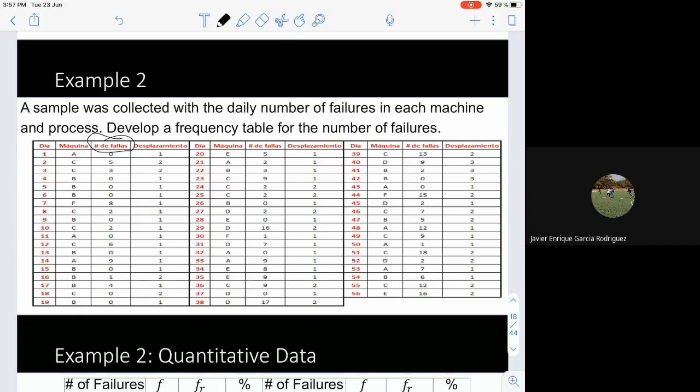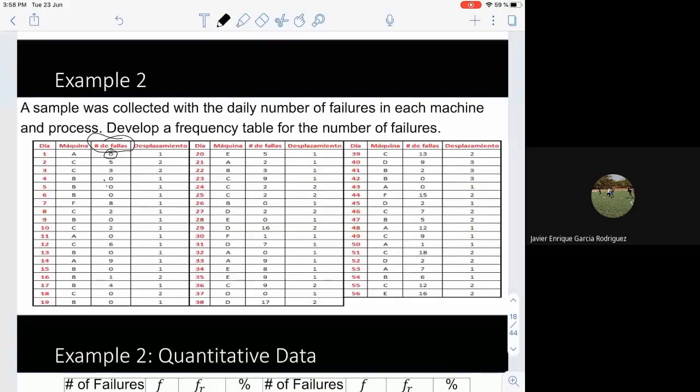All right. So how are we going to create here the number of failures? For example, the first day, the company experienced 0 failures. So now you need to find in how many days we have the 0 value registered. Here we have a second one in day 4, in day 5. So you have to keep going, counting in how many days the company had 0 failures, then in how many days the company had 1 failure, 2 failures, up to the maximum value of failures, which is, let's find it, I think it's 18.